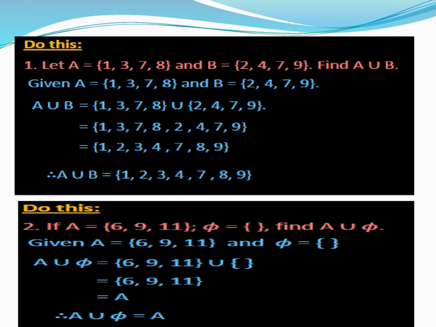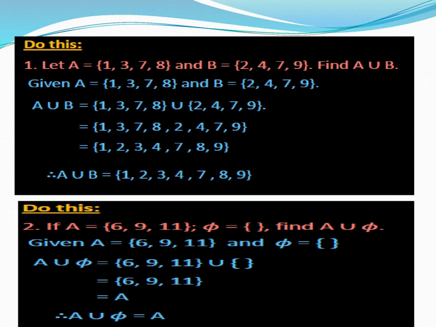Now we will solve another problem. If A equals {6, 9, 11} and phi equals the null set, containing no element, find A union phi. Given A equals {6, 9, 11} and phi equals the null set, then we find A union phi. A is {6, 9, 11} union the null set. Now it will be {6, 9, 11} because the null set contains no elements.